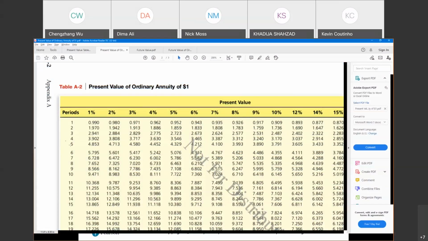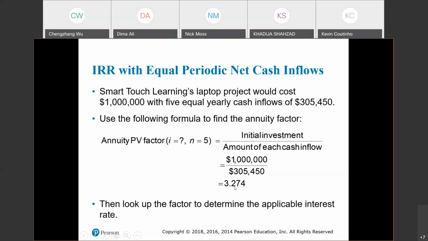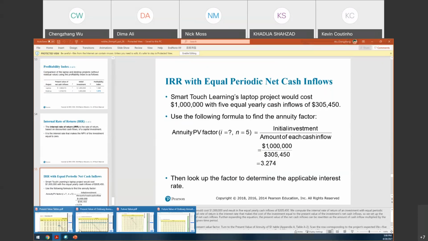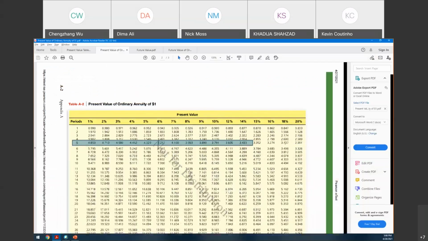So from this row, we need to find our net present value factor. That is 3.274. All right, it is here.